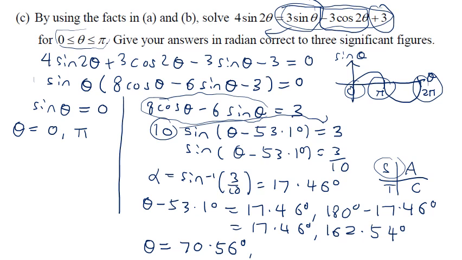And the other angle is 162.54 plus 53.1, we got 215.64, which is already exceeding pi, which is 180 degrees.